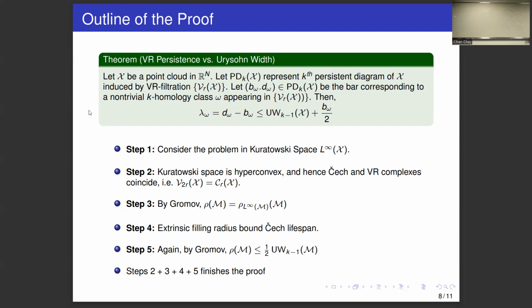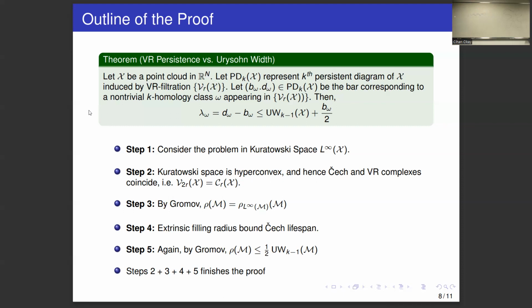Yeah, you are right. That's going to be okay. Where did I miss here? This is going to be UW_{k-1} and BWX. Is that right? I need to check that. No, X is point cloud. Urysohn width of that guy.